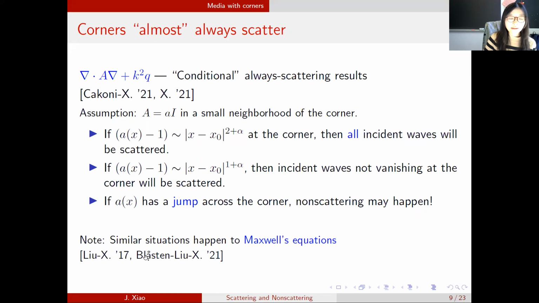We explored this in these two papers, but by then, in the paper in 2017, we thought this might be due only to technical issues. We may actually also be able to construct non-scattering waves; this is also ongoing work.